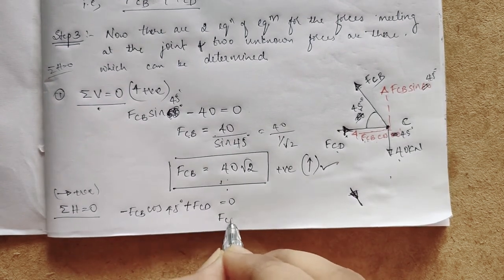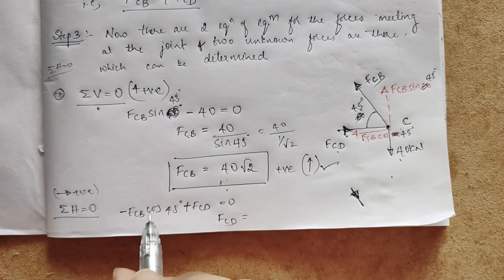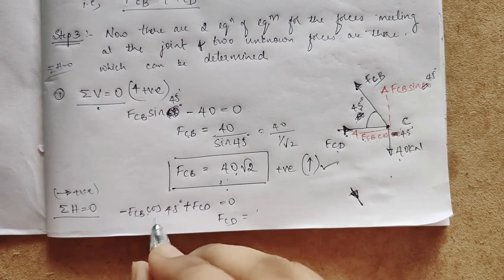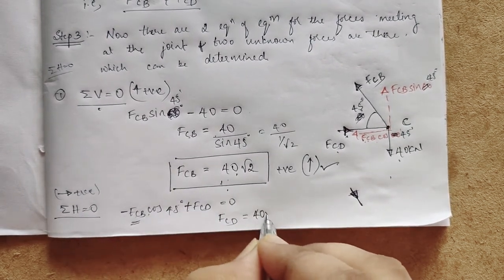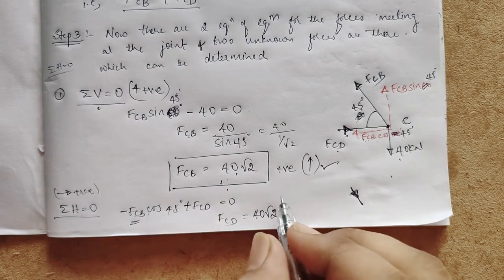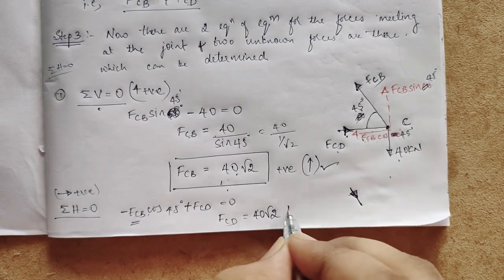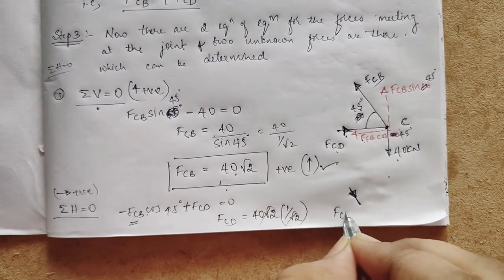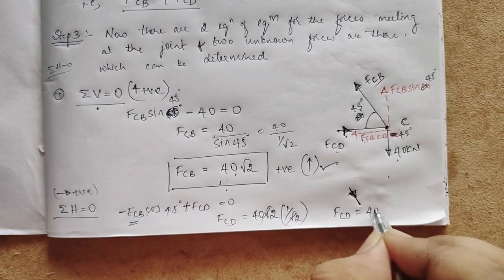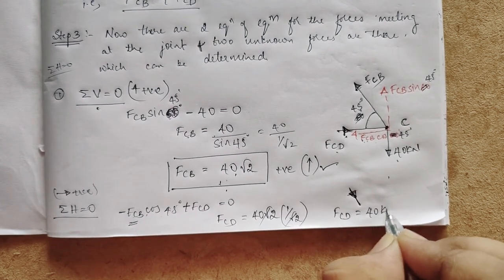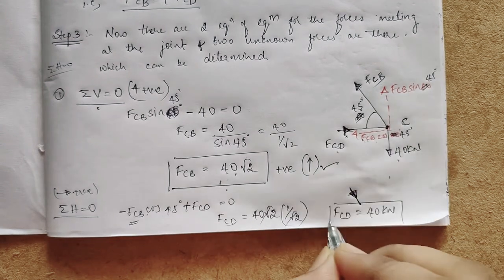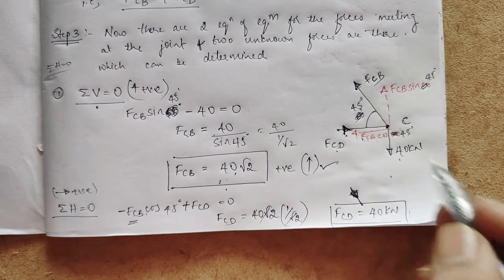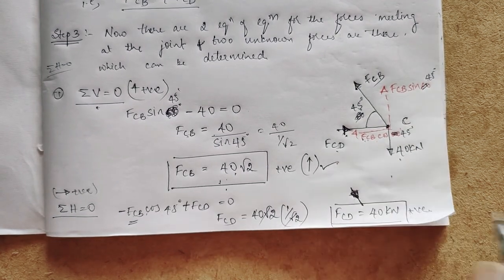So FCD will be, FCB we know is 40 root 2. So I'll transfer FCD to this side. Then FCB is 40 root 2, so 40 root 2 cos 45. What is cos 45, it is also 1 by root 2. So root 2 cancels. FCD is equal to 40 kilonewton. Okay, our assumption is correct that it is in this direction only because the answer came as positive.